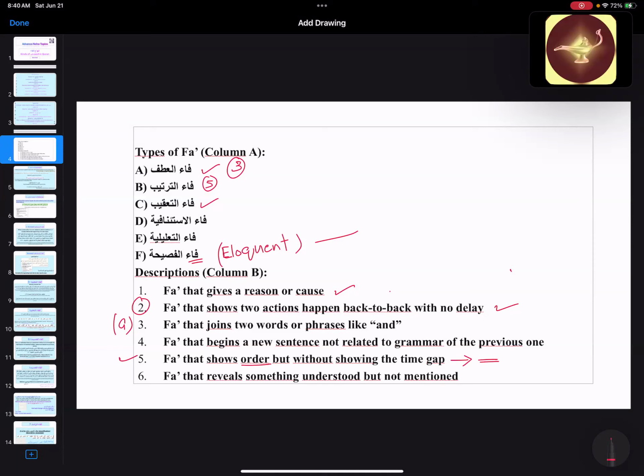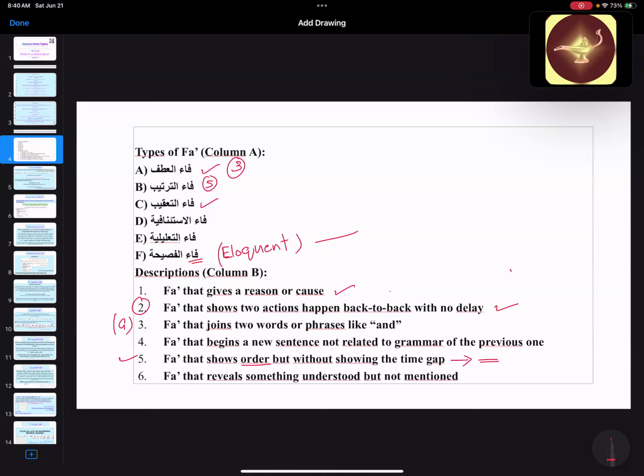So fa fasiha should not be a problem. We can easily spot it: when you are given some command, and then right after you see the result, you know obviously he has done something, and then the result happened. Always remember one example for each of them.